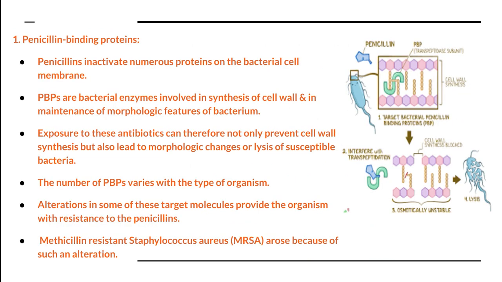Now, where will this penicillin bind? If you look at the picture, you will notice that there is this penicillin, the cartoon that looks like a castle, at the very upper side. So that's the penicillin. And if you look at that green S-shaped, hook-like structure, what is that? That is called a penicillin binding protein. What is the penicillin binding protein doing?